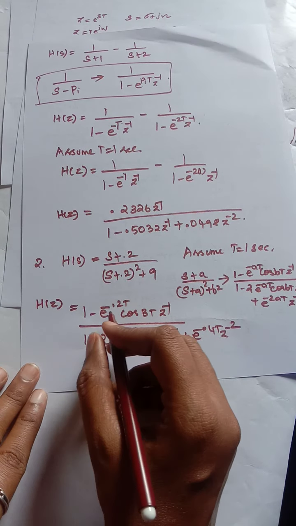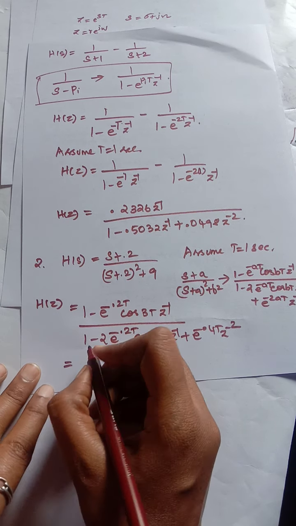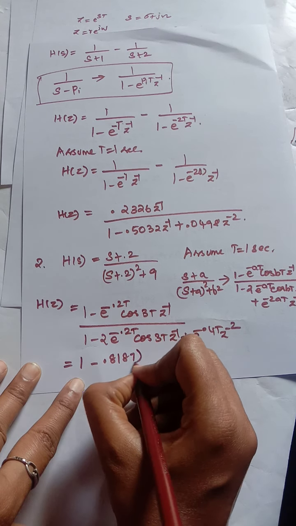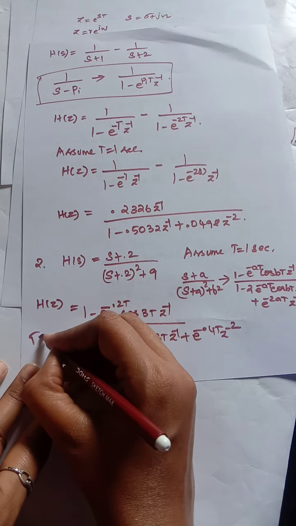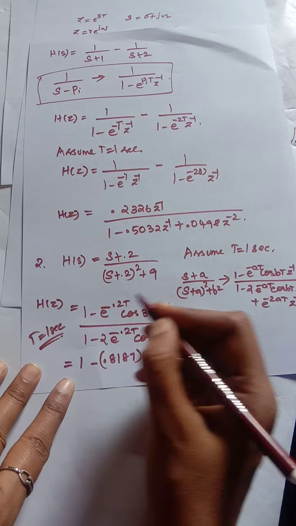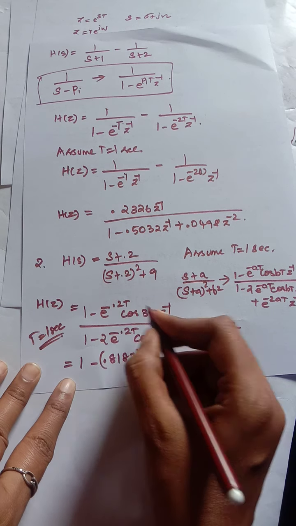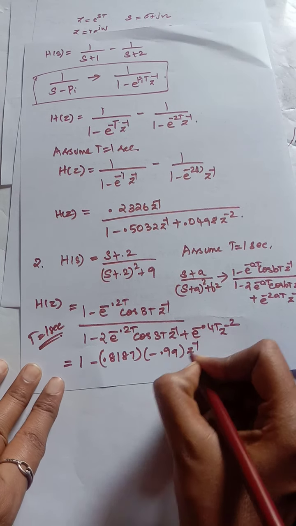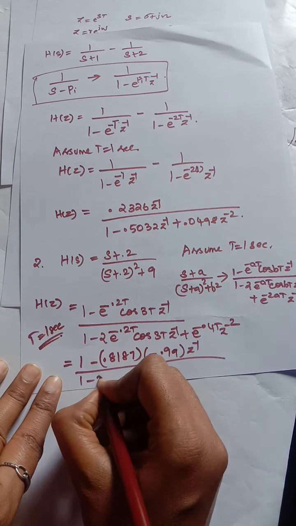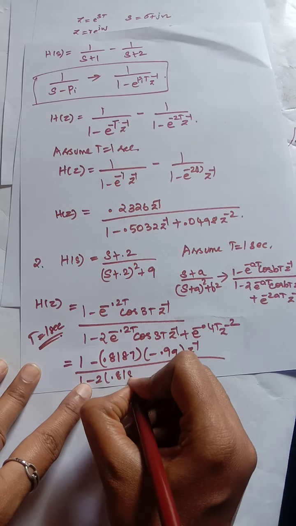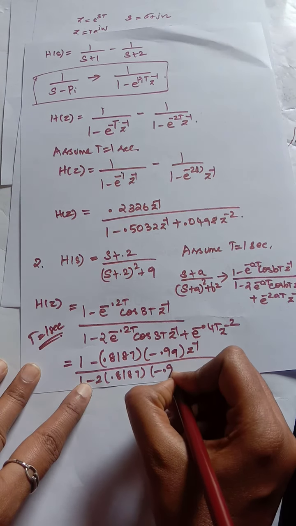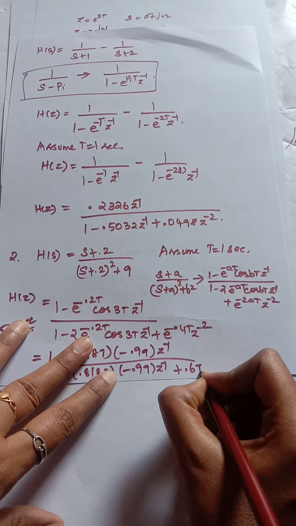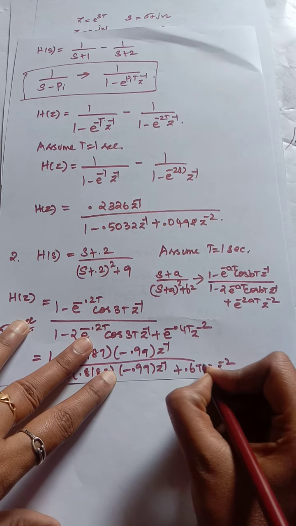Now apply the values. Assume T equal to 1 second for this problem. When you substitute T equal to 1 second, you get 1 minus 0.8187 times 0.99 z inverse, divided by 1 minus 2 into 0.8187 times 0.99 z inverse plus 0.6703 z power minus 2.